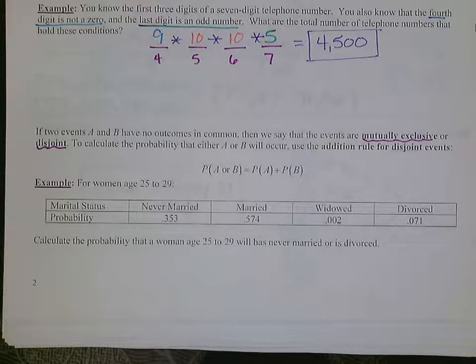So if we know 2 events are mutually exclusive, then to calculate the probability of being in either A or B, we can use the addition rule for disjoint events.